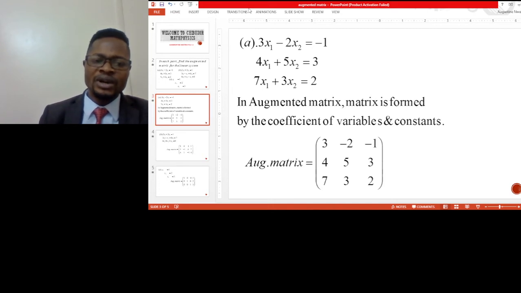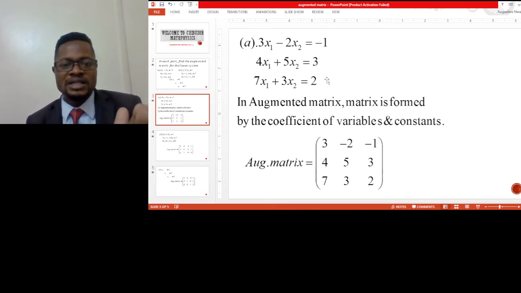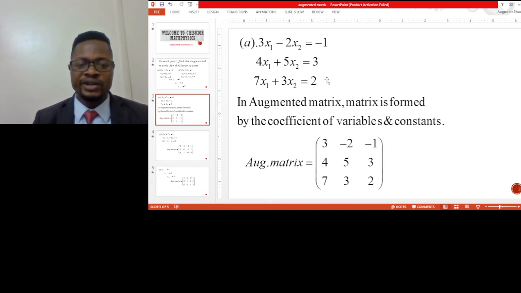Usually when you are asked to find augmented matrix, it is formed by the coefficients of the variables and the constants. Observe in our equation we have 3x1 minus 2x2. These are the coefficients of the variables, and on my right hand side are the constants. The coefficients are 3, -2, 4, 5, 7, and 3, and -3, -1, 3, and 2 are the constants.